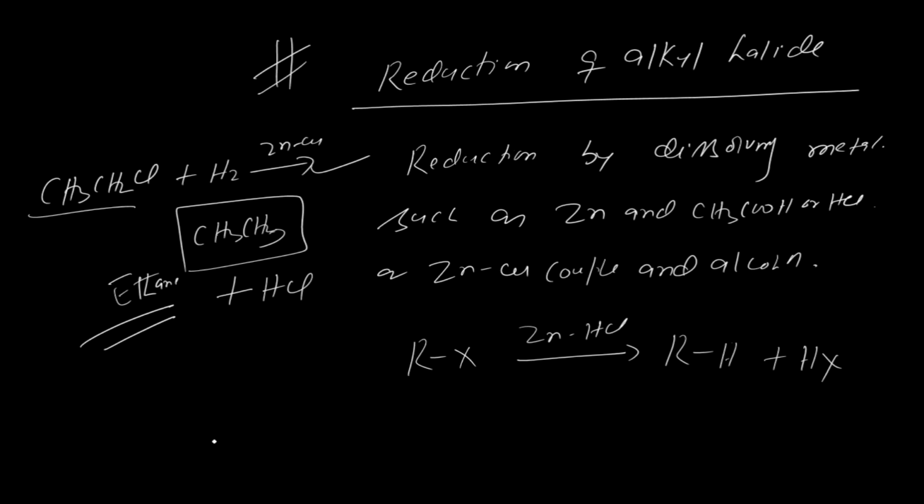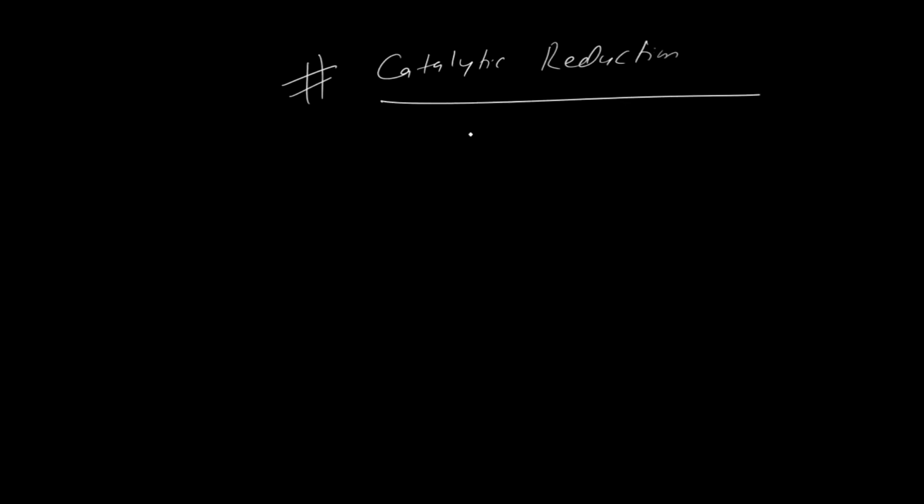Now, catalytic reduction is also there. So reduction in presence of some catalyst. What catalyst will we use over here? We can use some catalyst like palladium on carbon, or platinum is also there.